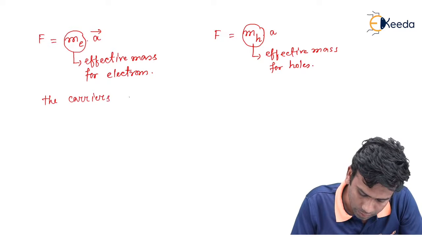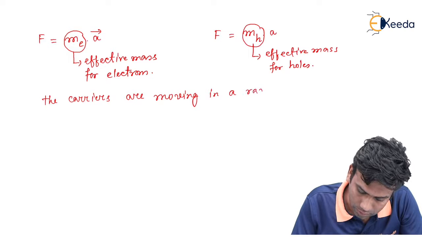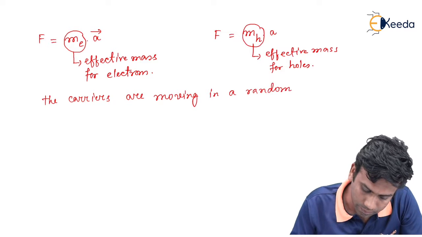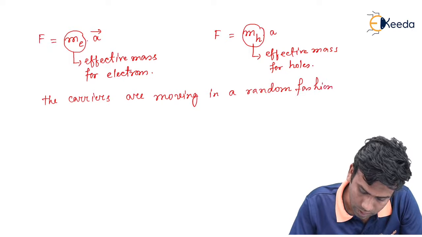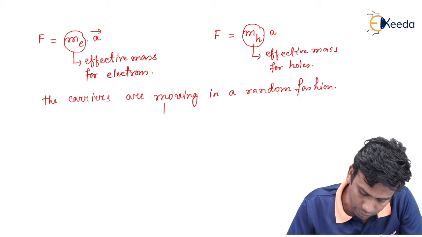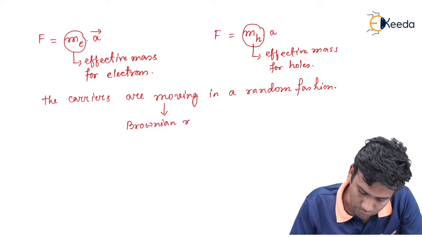Now we know that inside the semiconductor the carriers are moving in a random fashion, and this random movement is called Brownian motion.